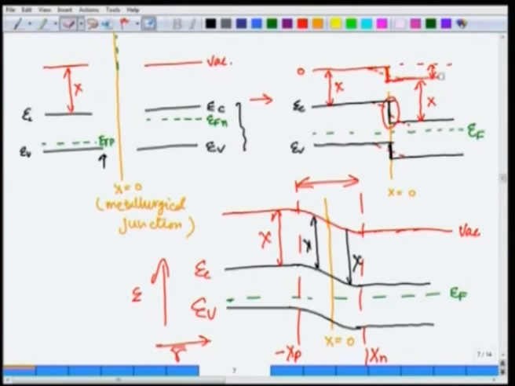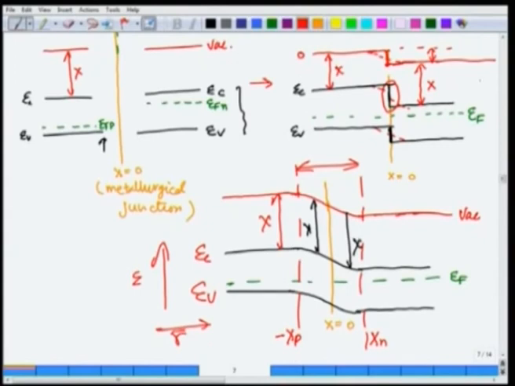This is the vacuum level, and this energy is often written as Q times V Bi, the built-in voltage. Remember, voltage multiplied by Q is energy. So that is QVBi.